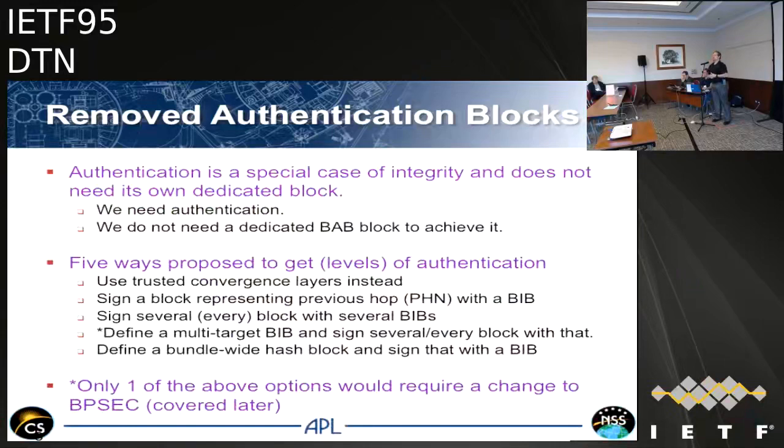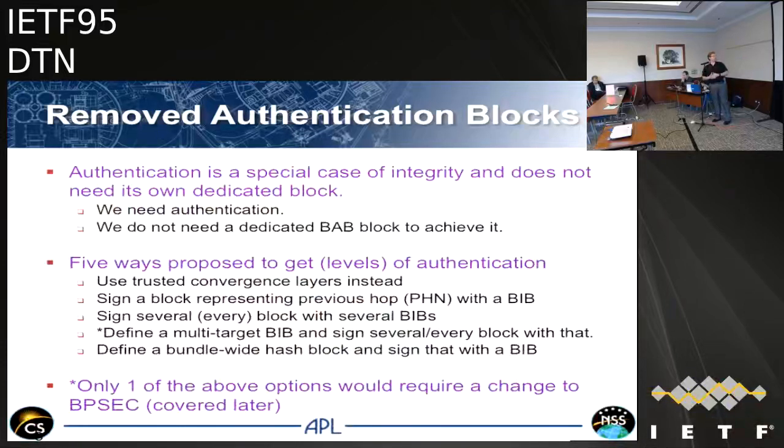Do we want to support multi-target BIB and multi-target BCB blocks, which is separate than saying we don't need block multiplicity, and we'll cover that in a different slide. But if we had a multi-target BIB, you could have a single BIB with multiple targets as opposed to multiple BIBs, one for each target.